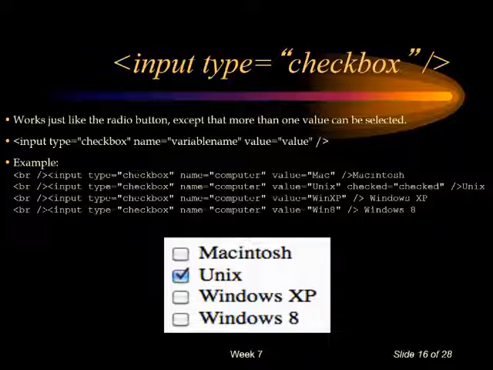So in this example, just like with the previous example, just because the label says something, that doesn't mean that it's necessarily going to be sent to the script. When the visitor selects Macintosh, the value is sent with the word MAC instead of Macintosh. When they select Windows 8, it gets sent as Win8 instead of Windows 8.